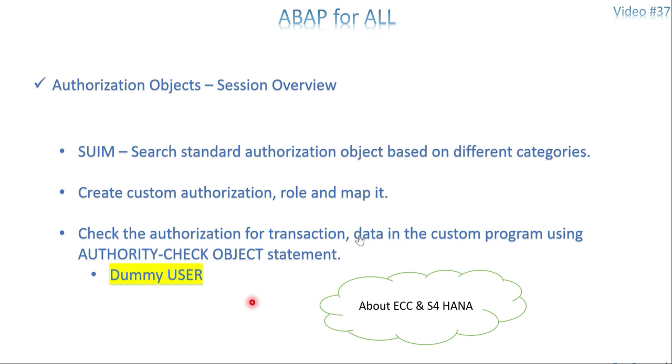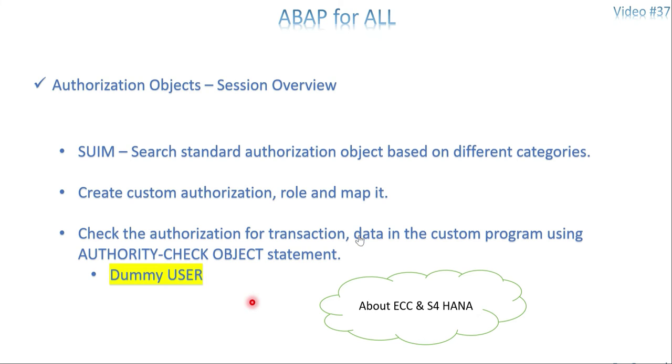And yeah, about ECC and S4HANA. S4HANA, as you are aware, is a different product. It is not an upgraded version of ECC. It's an entirely different product. So there might be a chance that some roles or standard authorization objects I'm talking about might vary between ECC and S4HANA.